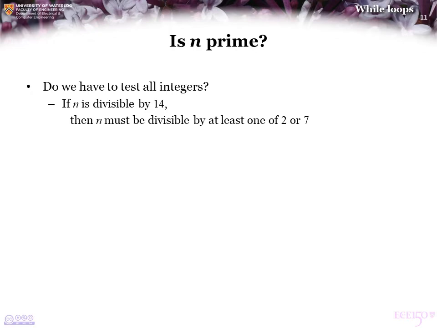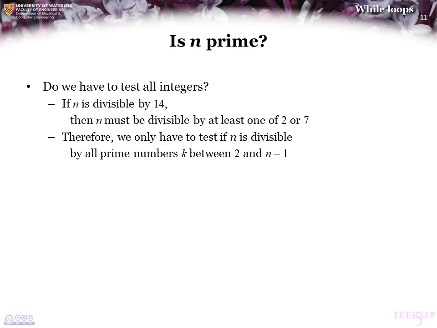And if n was not divisible by 2 and not divisible by 7, it could also not be divisible by 14. So from this, we can therefore conclude it is only necessary to test if n is divisible by all prime numbers between 2 and n minus 1.